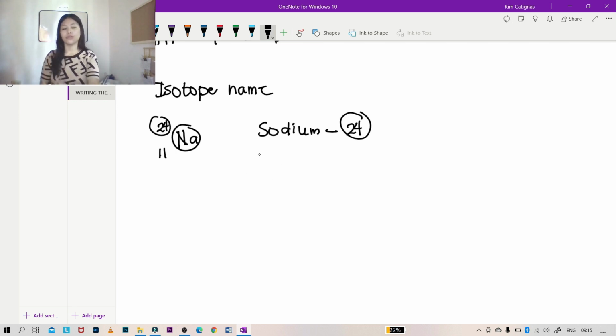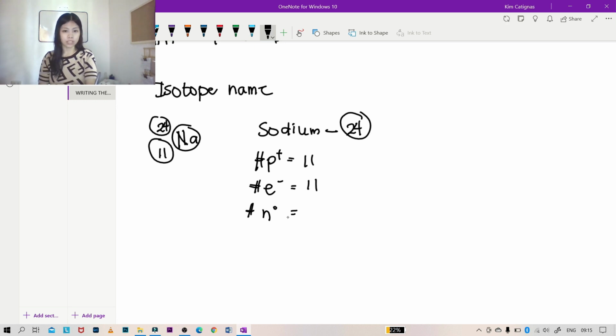What if I want you to find naman the number of protons? So, the number of protons here is yung atomic number niya, which is 11. And yung number na electrons niya, hindi naman po siya nagbabago. So, 11 pa din. But the number of neutrons here will be atomic mass minus atomic number, and that would be 24 minus 11, so 13.